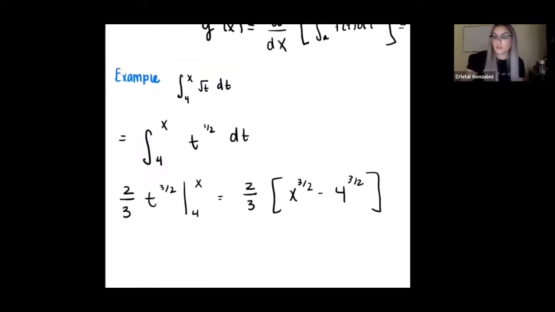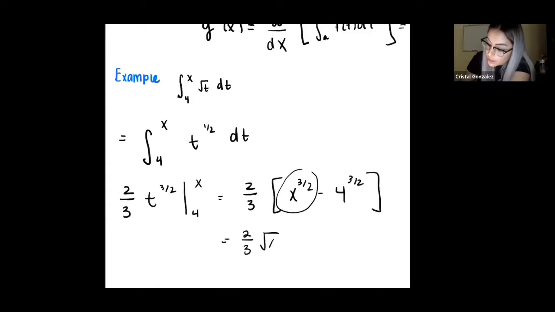And so here, then we're going to get 2 over 3. Sorry, it's not writing. And then what we're going to do after that, when we evaluate this and distribute that 2 over 3 in, we'll get 2 over 3 square root of x cubed minus 16 over 3.